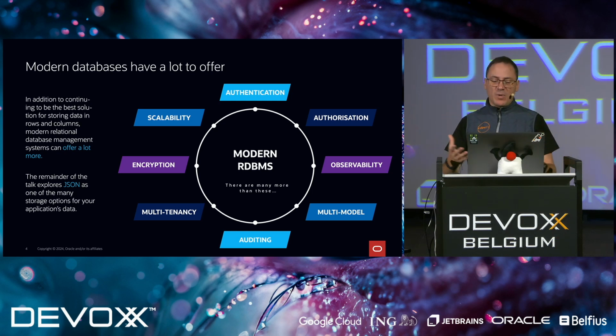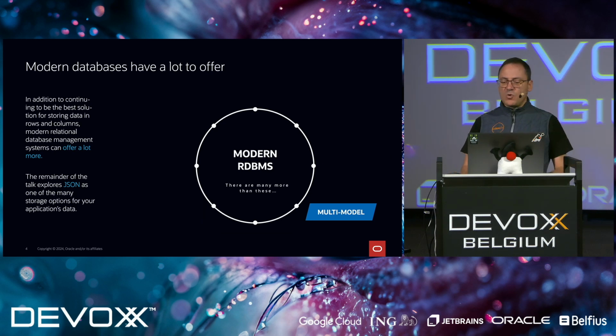So this is called multimodal. Again, RDBMSs can do many things, and we can treat them as more than just dumb things where we can store the data. But for today, even though there are so many things that we can do with them, we are just going to concentrate on the multimodal aspect.